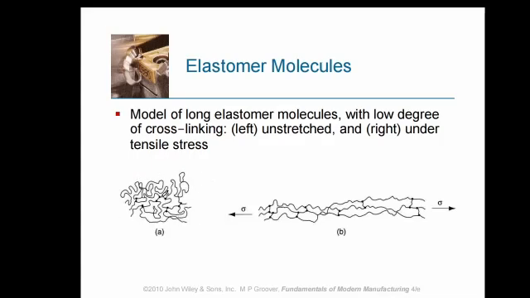They are also cross-linked, as you can see these black cross-links, but the cross-links are not as extensive as for thermosets. So you can stretch an elastomer, and if you remove the tensile stress, the molecule can go back to the original form.